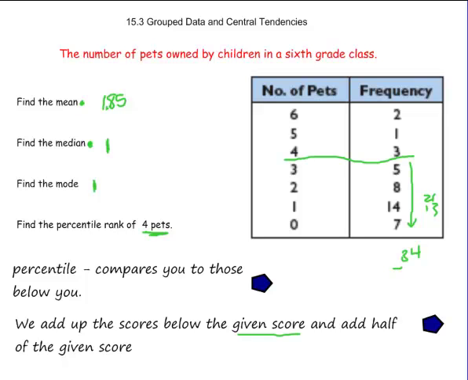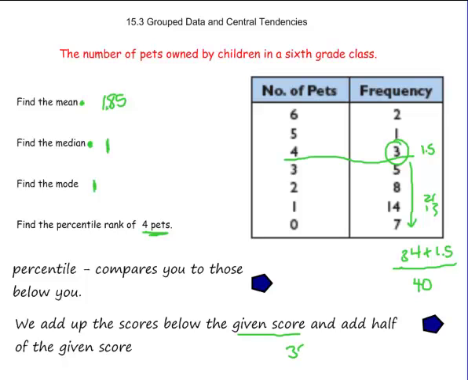Now we have to add on half of 3, 1.5. And that gets divided by the fact that we had 40.